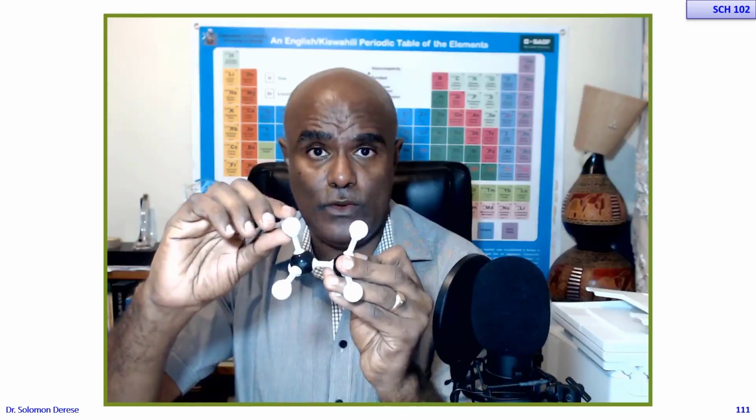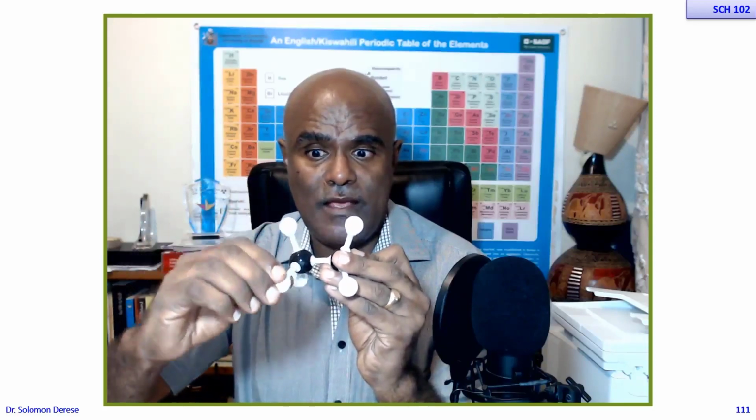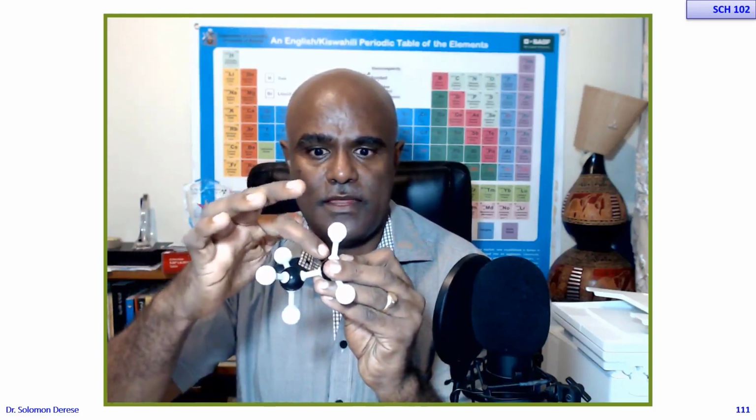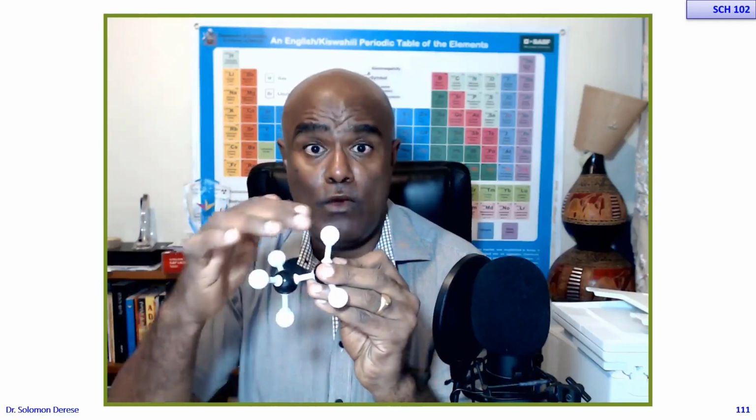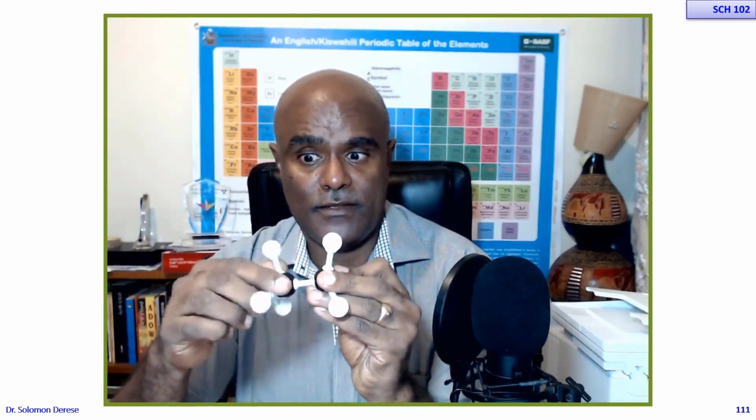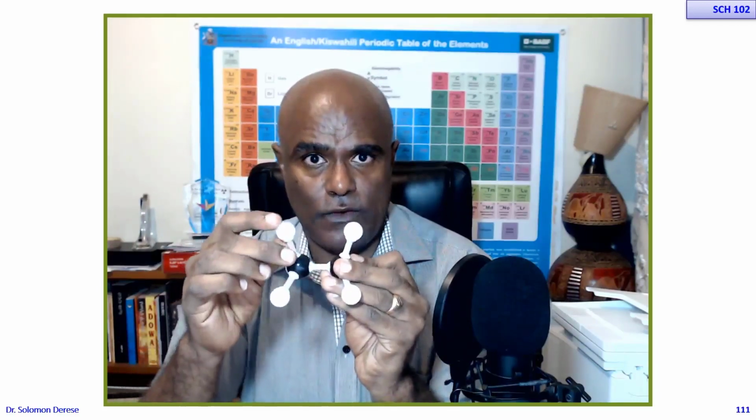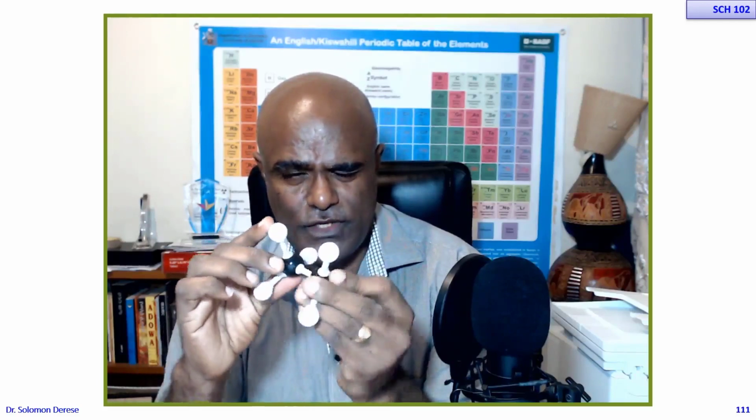If I rotate it by 180 degrees, you'll see that this one will be facing in the opposite direction from this one. This and this one will be very far apart from each other. So initially they were like this. So in this conformation, the two hydrogens are facing directly at each other like this.